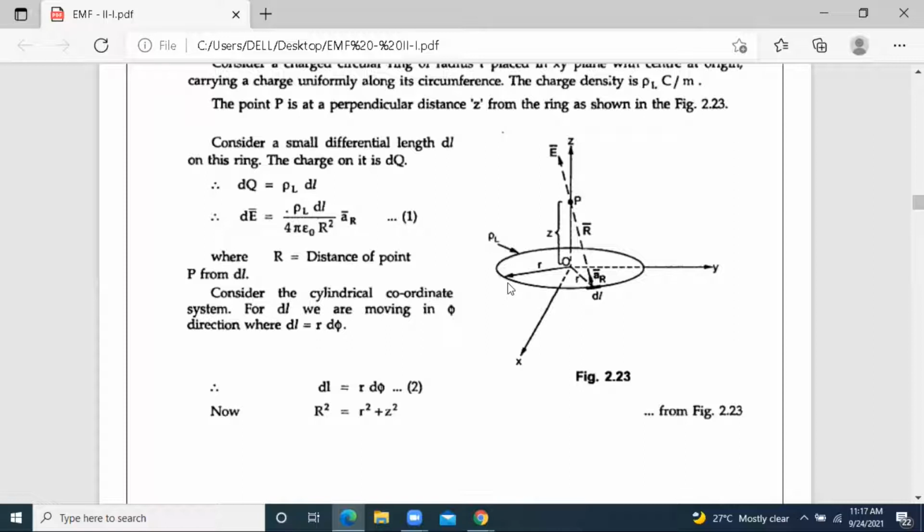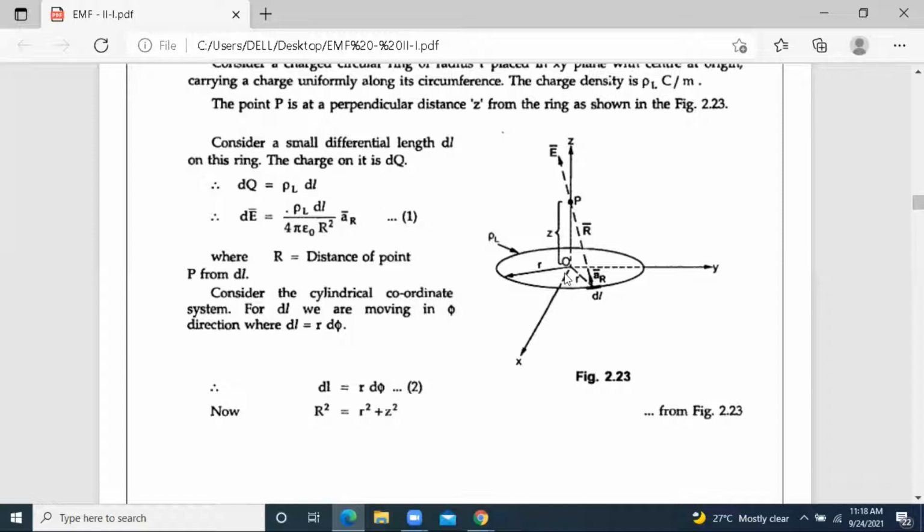So the circumference of a circle is 2 pi radians, right? Or 2 pi. There you go. 2 pi r radians.